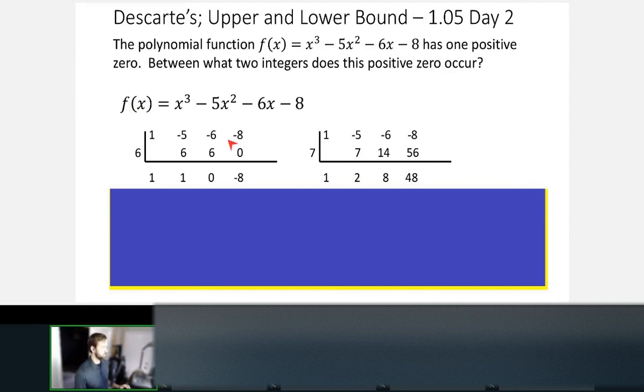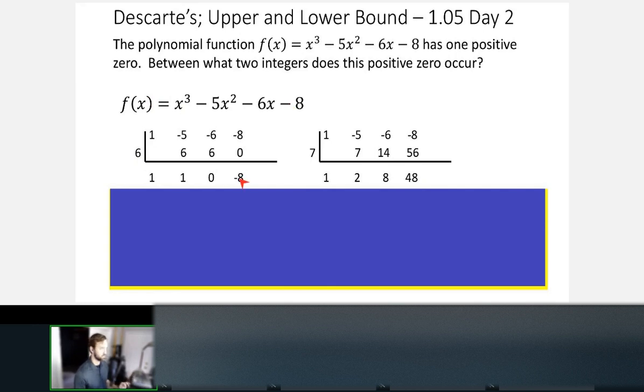When I did synthetic division, what we're looking at here is the remainder. Remember when you do synthetic division, the remainder theorem says the remainder is the same thing. So if you were to plug in 6 into your function and solve, you would get -8 as the answer.